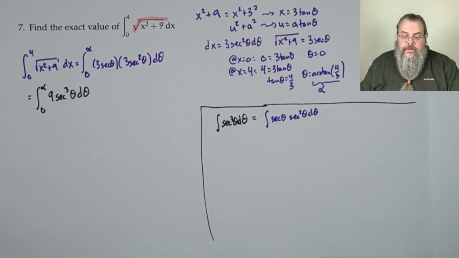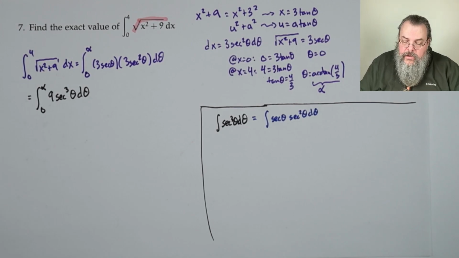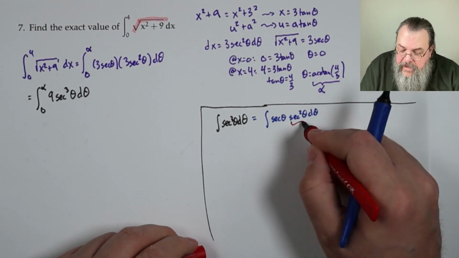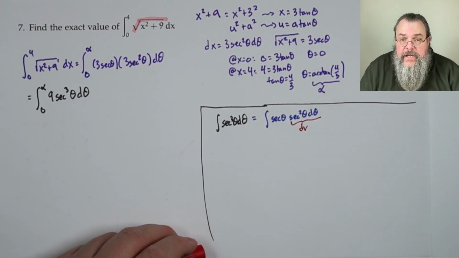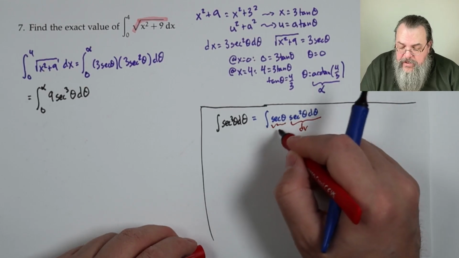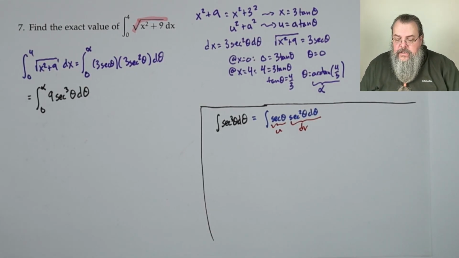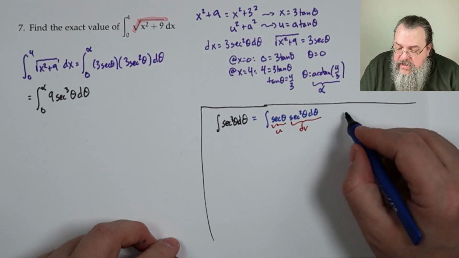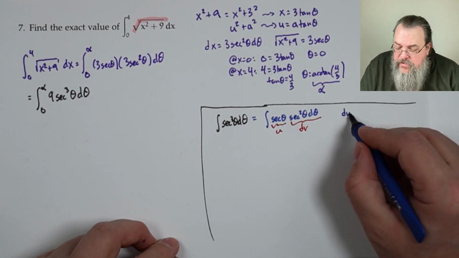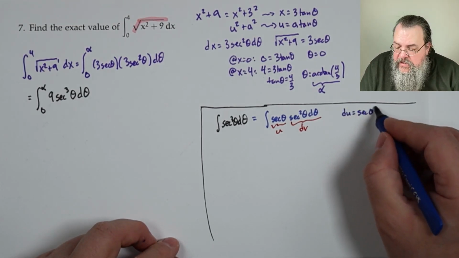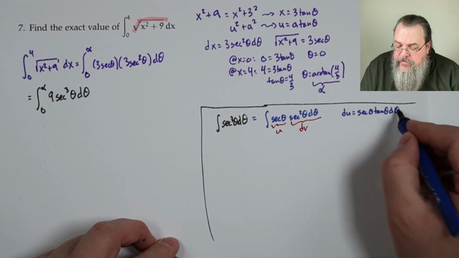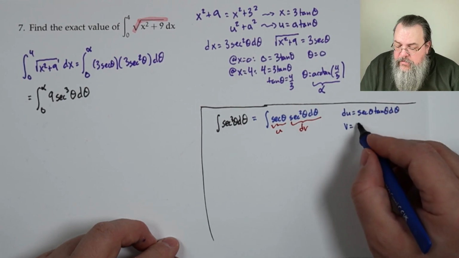And so, with that in mind, we say we're going to have this last part be the thing we integrate, and this first part be the thing that we differentiate. So that tells us that our du, derivative of secant, is secant theta tangent theta d theta, and our v, the integral of secant squared, is tangent.